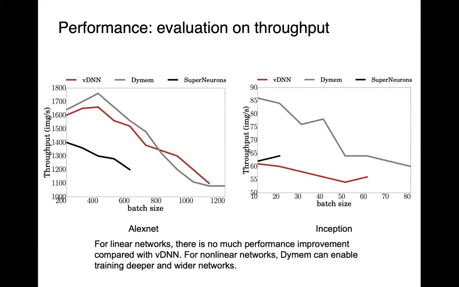We can also observe that the throughput slowly deteriorates with increasing batch size. This is because GPU memory can only accommodate fewer network layers with wider networks, so it could result in a decreased communication and computation ratio.